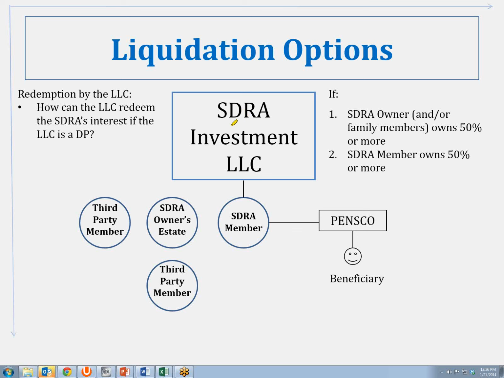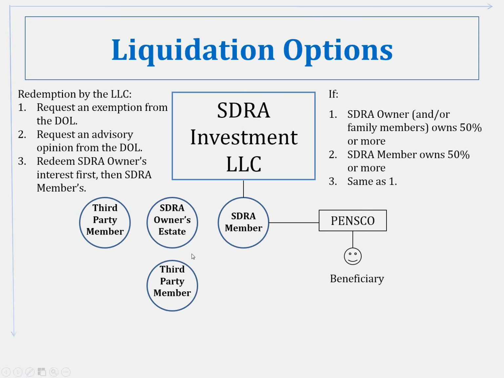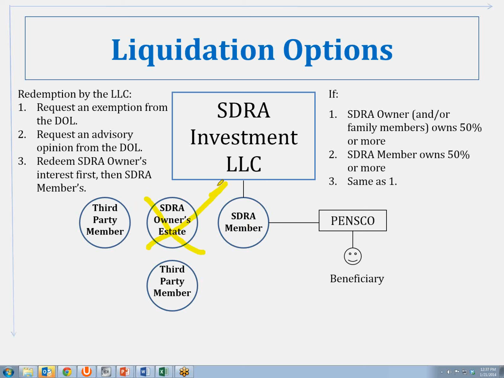Of course, you all know that I think that's an absurd theory. But in any event, how can we do that? Well, again, we can request an exemption, we can request an advisory opinion, or we can redeem the IRA owner's interest first, so that at the point where we actually redeem the self-directed retirement account or the IRA owner's interest, the LLC is no longer, assuming the IRA is not a 50% or more owner, a disqualified person. So that might work.